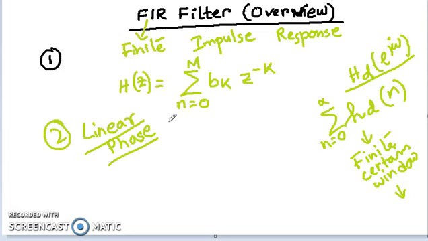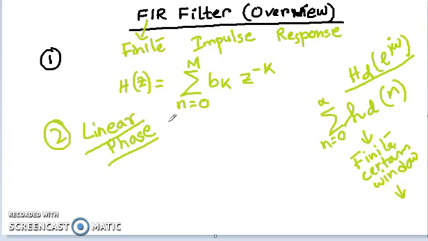You cannot use IIR because it cannot guarantee the phase, because you don't have any control when you are designing an IIR. It is only taking care of the gains, not the phases. So for phase, we can control the phase in case of FIR filter.